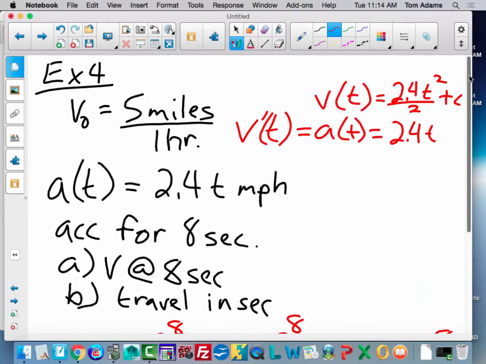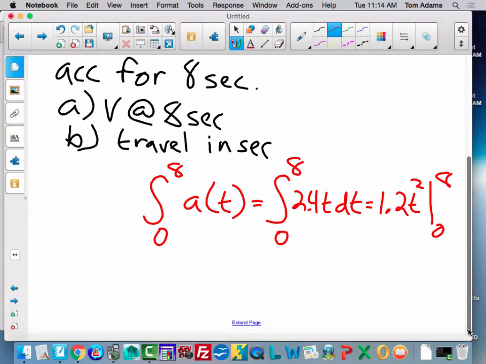Now what I did is I just took this, what's 2.4 divided by 2? It's 1.2, right? You can double check your math too. If I take the derivative of 1.2 t squared, what do I get? 2.4 t, right? So that works.